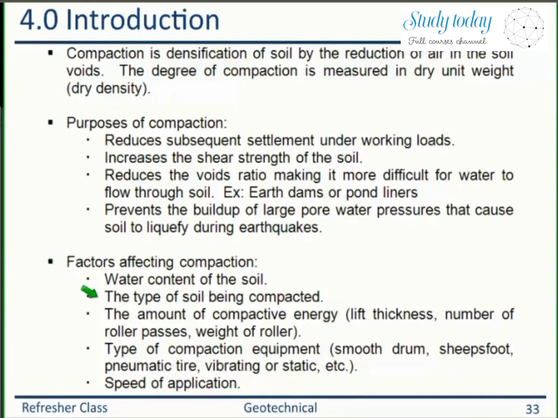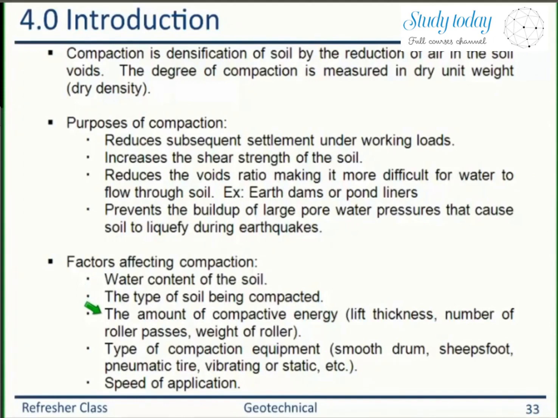And the type of soil being compacted, whether you are compacting fine grained soil or coarse grained soil. Fine grained soils are the soils which pass through the number 200 sieve, and coarse grained soils are the soils which are retained on the number 200 sieve. Right? So your fine grained soils are your silt and clay, your coarse grained soils are your sand and gravel. So the type of soil will affect the level of compaction.